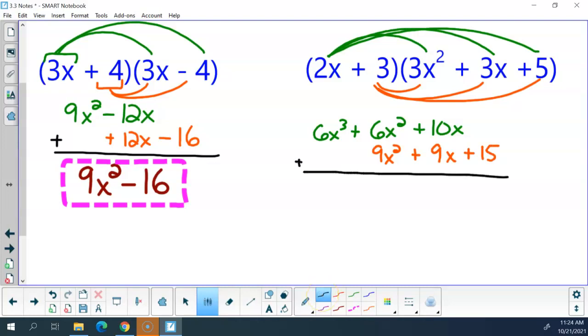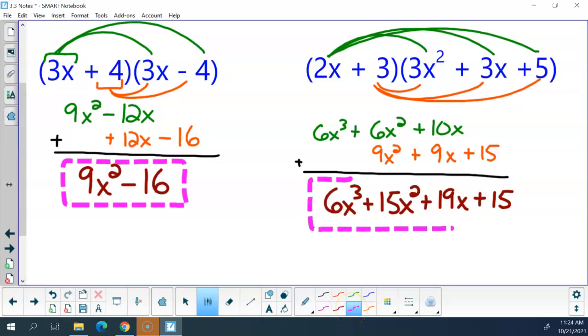Add those together. That gives me 6x cubed plus 15x squared plus 19x plus 15.